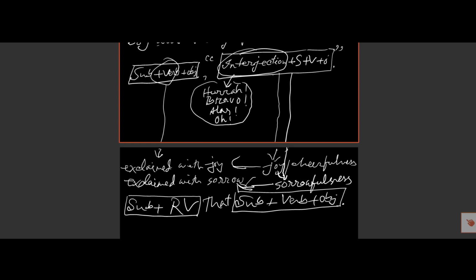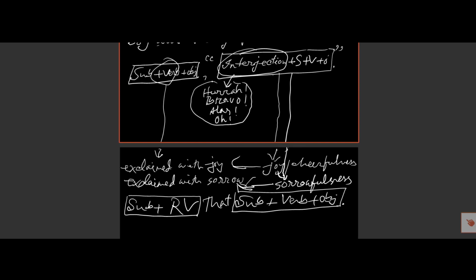We know what interjections are: hurrah, bravo, alas, oh, etc. Some words express pleasure or joy, and some words express sorrowfulness.